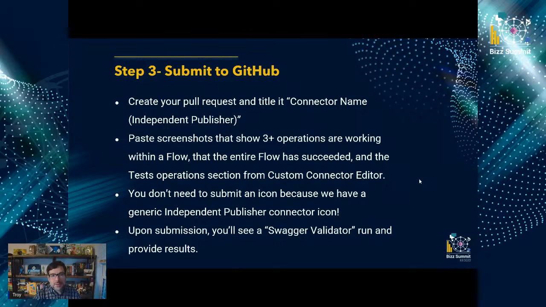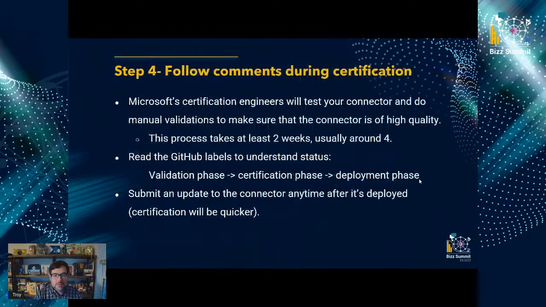We're going to submit to GitHub. We're going to skip over this information because I've already talked about it. Like any pull request on GitHub, it goes through the certification program. Engineers may leave you comments or things you need to fix, or tell you whether they've certified it in testing.